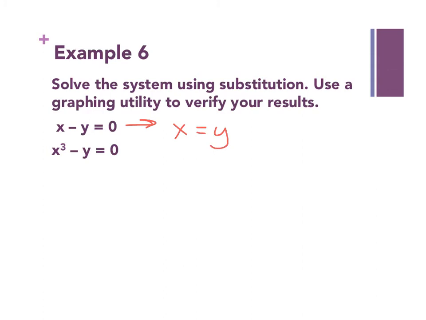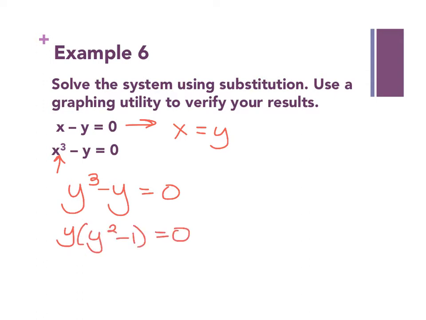Notice it's the same, right? So x equals y means that in place of this x, I'm putting a y. How do I solve that? Take out a y and I get y squared minus 1 equals 0.